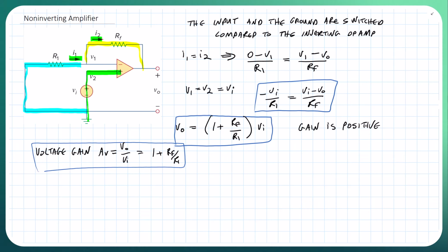This amplifier retains the infinite input impedance of the op amp. One thing to note is the gain can never go below 1. Let me put this 1, because we got this 1 here.